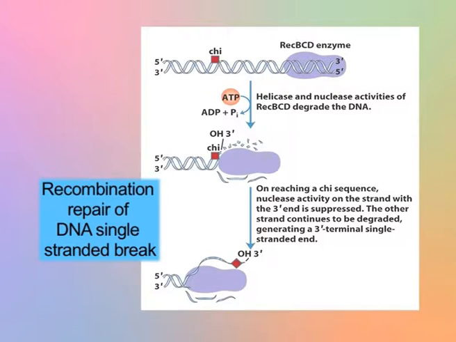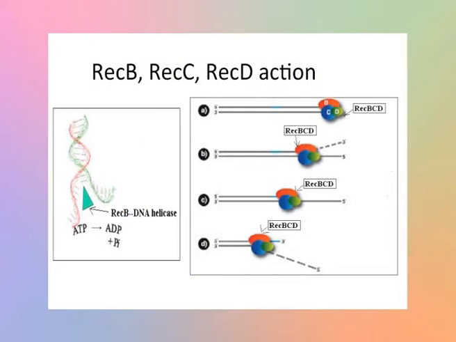Now this double-stranded end will be targeted by the RecBCD enzyme. This RecBCD enzyme has multiple functions. RecB has the helicase activity, RecC has chi-site recognition activity, I will talk about that, and RecD has some exonuclease activity.